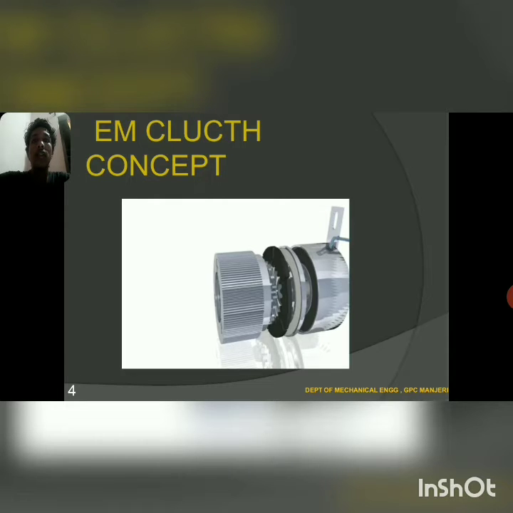This is a major limitation. Another disadvantage is higher engineering cost. An electromagnetic clutch operates electrically but transmits torque mechanically. This is why they used to be referred to as electromechanical clutches.